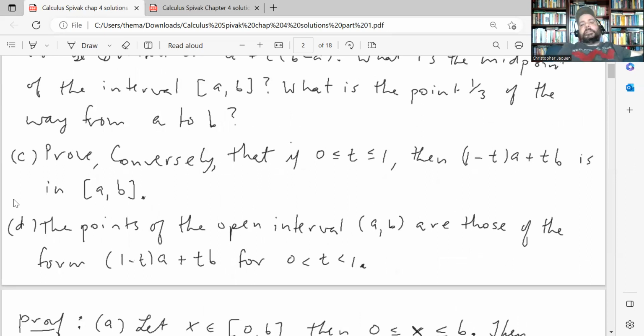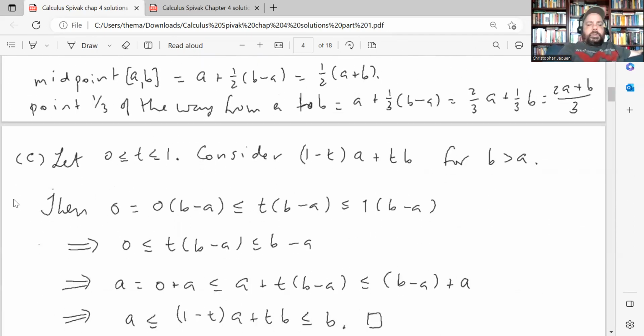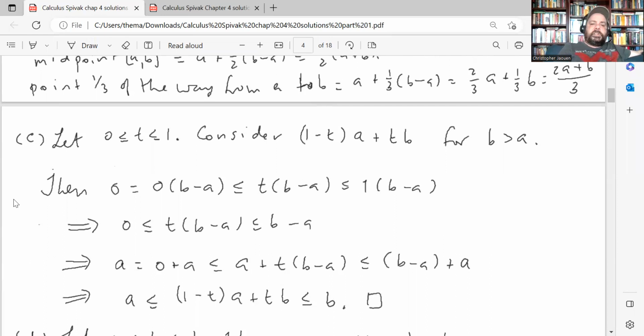Prove conversely that if t is between 0 and 1, then (1 minus t)A plus tB is in the closed interval from A to B. So let's do that one. Again, start with your hypothesis. Assume that t is between 0 and 1.